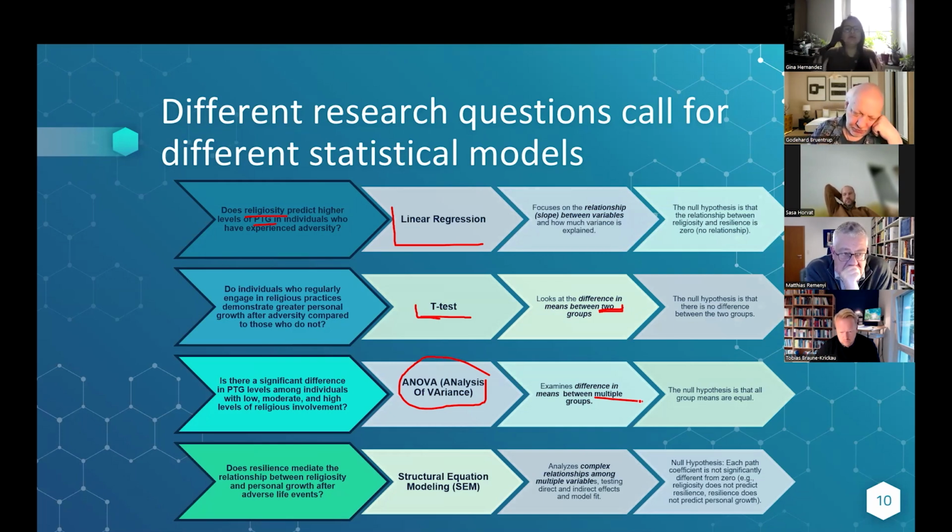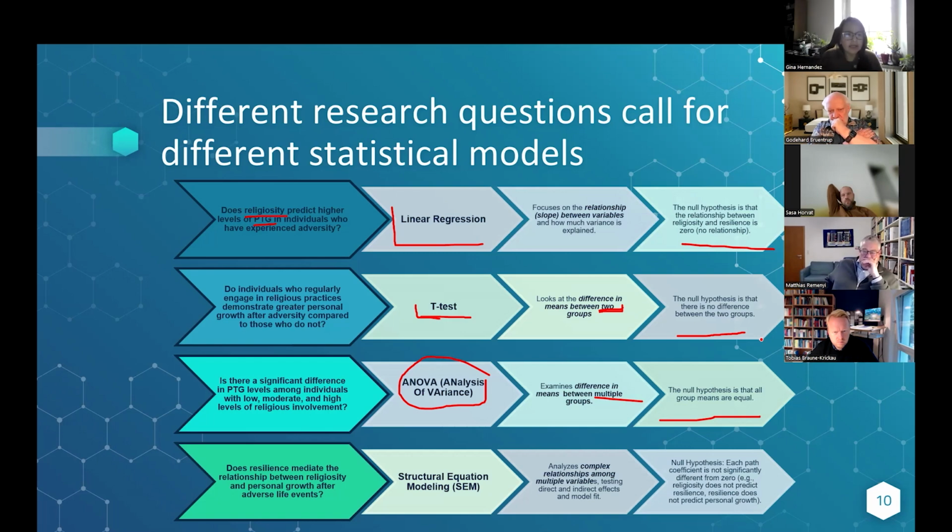The main thing that you have to take away is that you are testing different null hypotheses in each question. For example, the null hypothesis you are testing in linear regression is that the relationship between religiosity and resilience is 0. There is no relationship. This is a null hypothesis. This is the one you are testing here. But if you are using groups, for example, in a t-test, your null hypothesis is that you don't have any difference between the means of both groups.